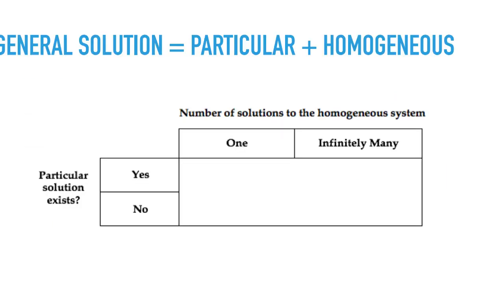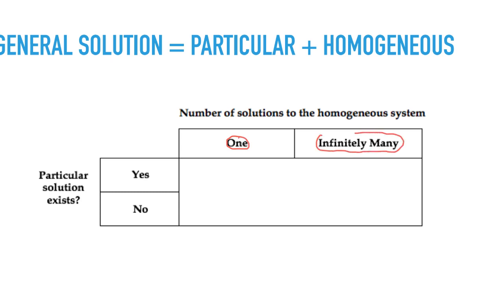Let's conclude this video with a quick summary of what is meant when we say that the general solution is equal to the particular plus the homogeneous. We said in the beginning that the number of solutions to a homogeneous system can only be exactly one or infinitely many.